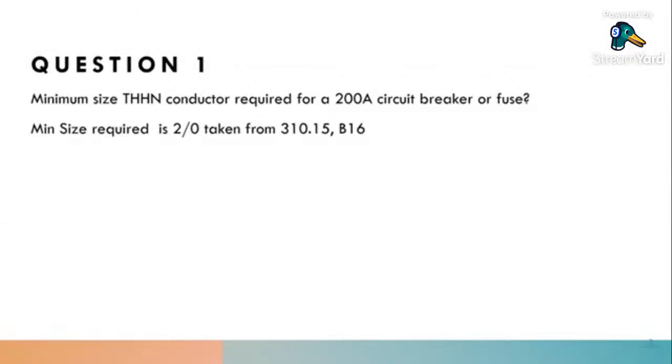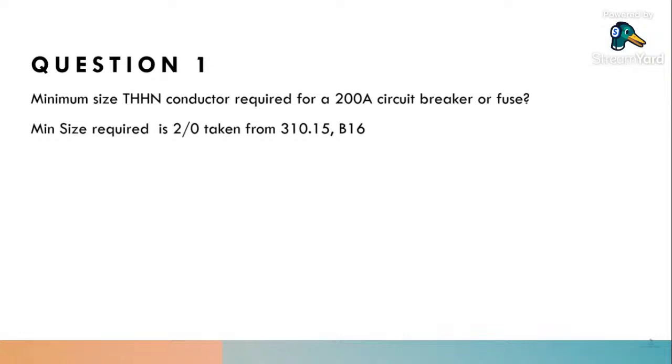THHN is the value of the temperature on the conductor. So we're going to look at Table 310.15(B)(16) within the 90 degrees Celsius column for the value of this conductor.